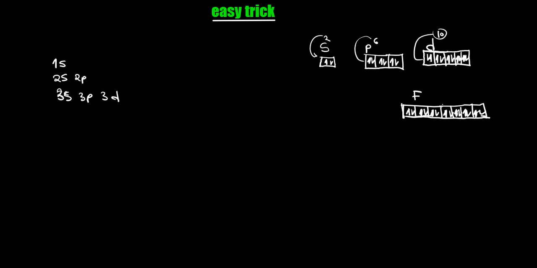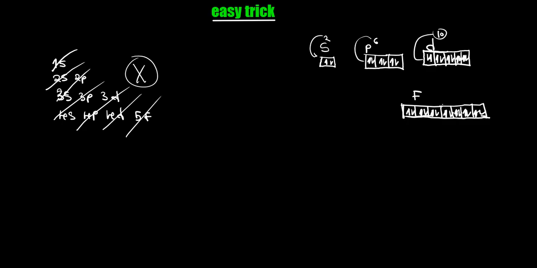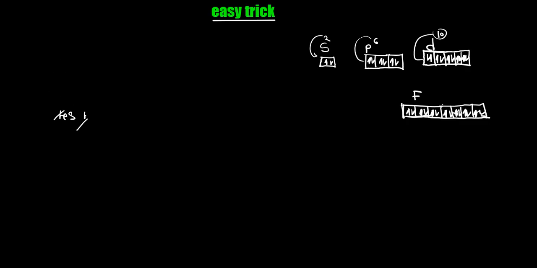This is what you have been doing: 4s, 4p, 4d, then 5f. You have been writing these lines to trace these things. Now we'll not do this. This one is confusing, but we'll do something else. Let's see the trick I'm talking about.